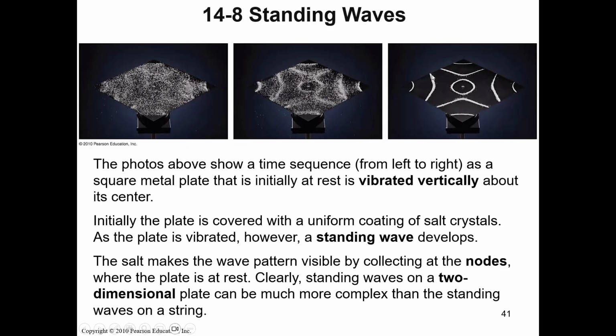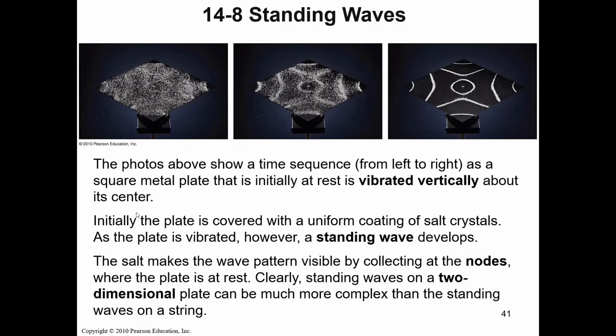When the plate is not moving, the salt stays in position. When the plate is moving, the salt gets kicked towards the positions of the nodes. So the wave pattern is shown by the salt being at the nodes. Standing waves on a two-dimensional plate are pretty complex, but we can appreciate their beauty.